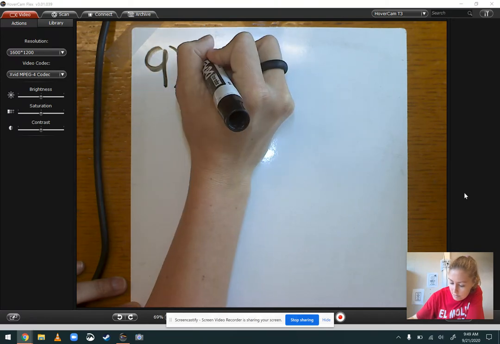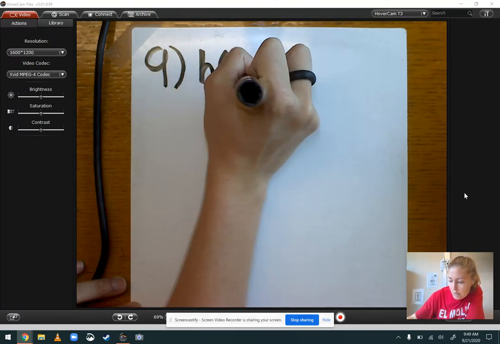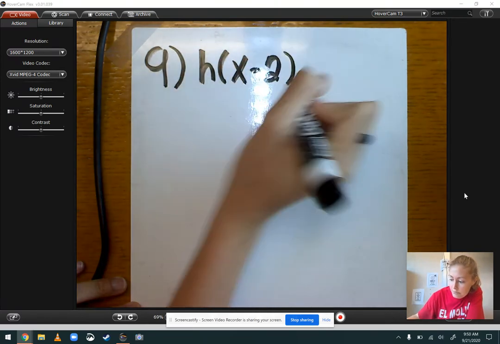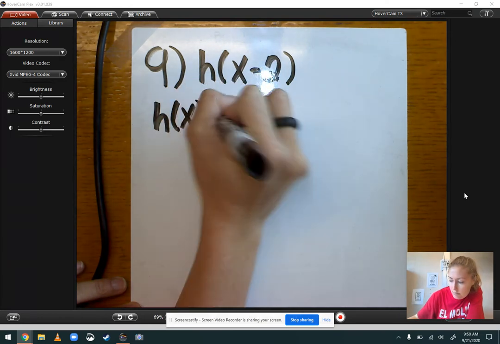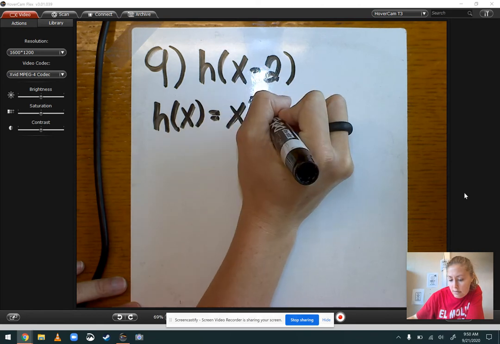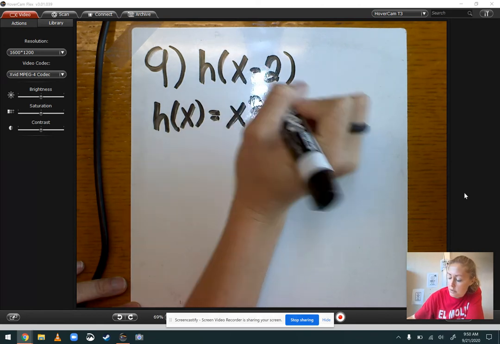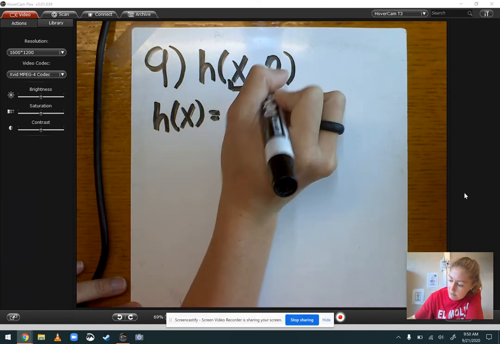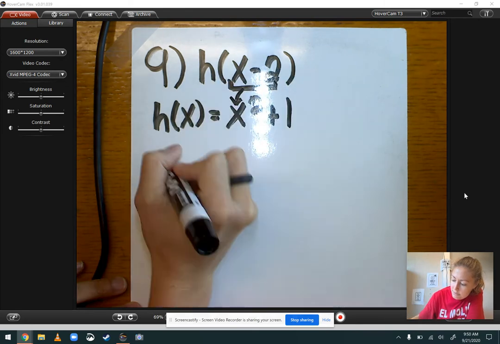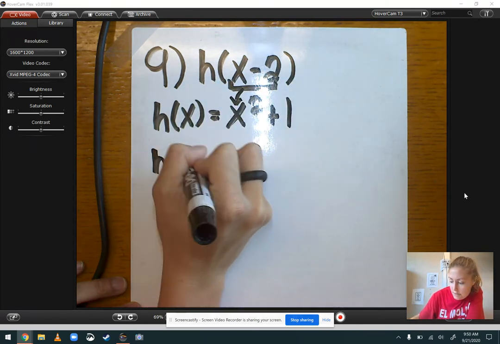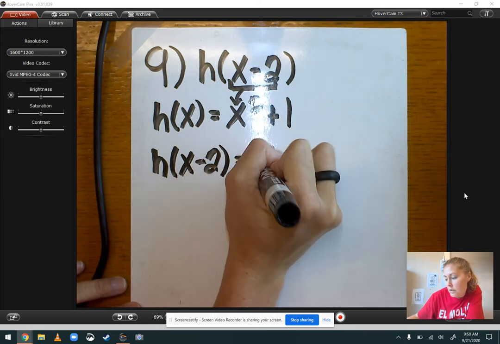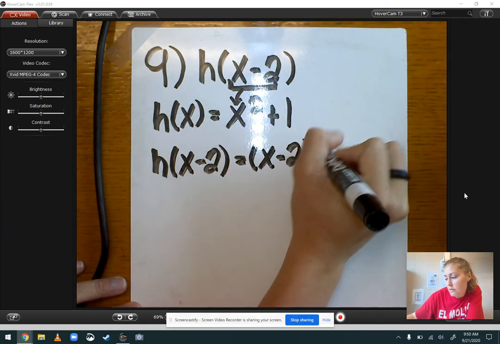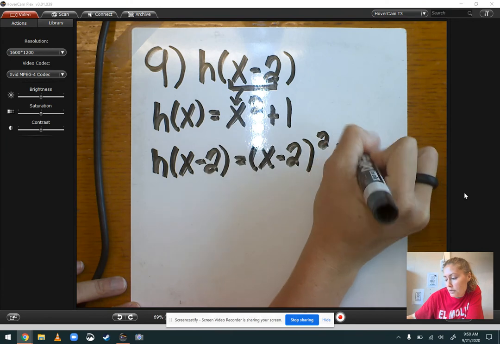Number 9, we have h of x minus 2. So h of x was x squared plus 1. We're going to take the x minus 2 and plug it into the x. So h of x minus 2 is equal to x minus 2 squared plus 1.